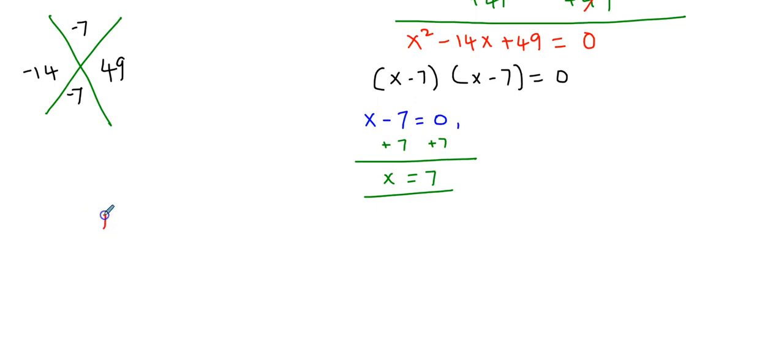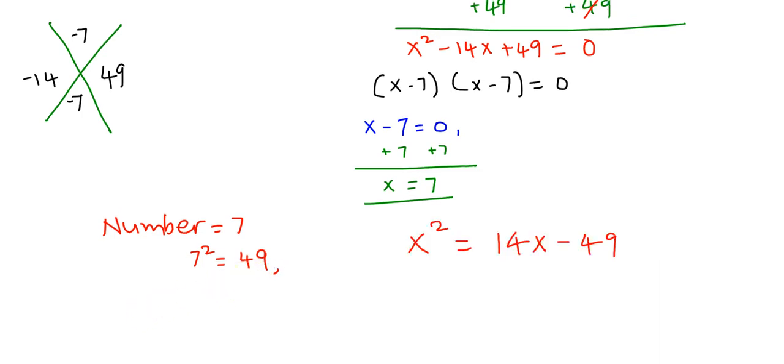The number is equal to 7, and that 7 square gives you 49. 14 times the number, 14 times 7, that's 98.